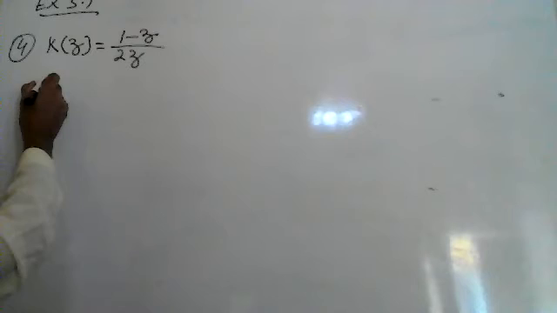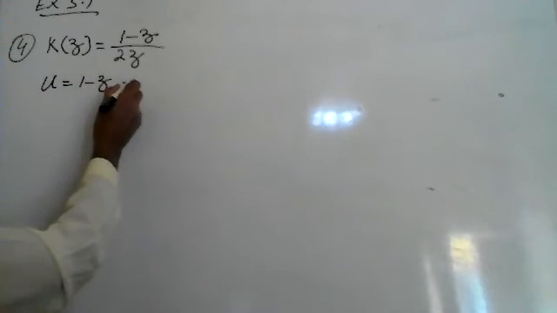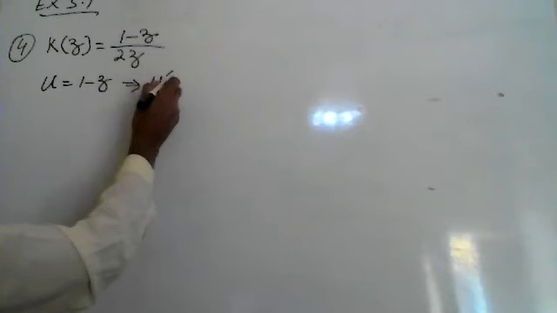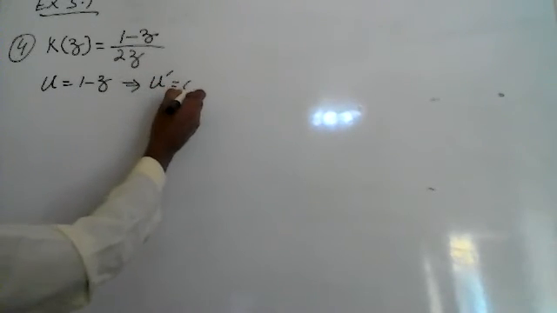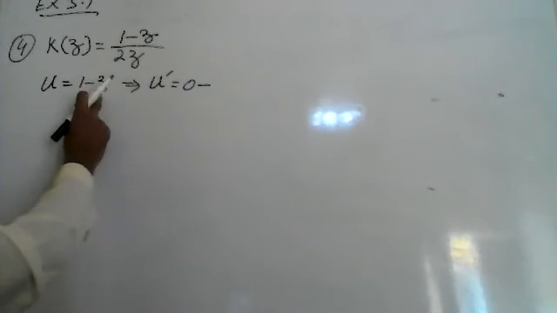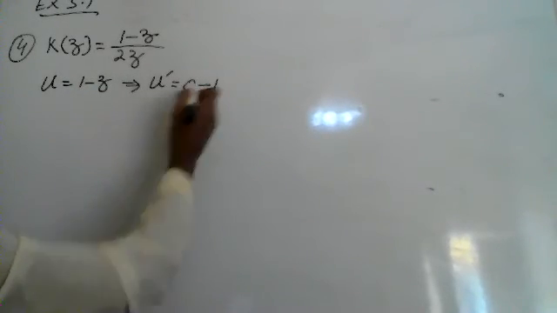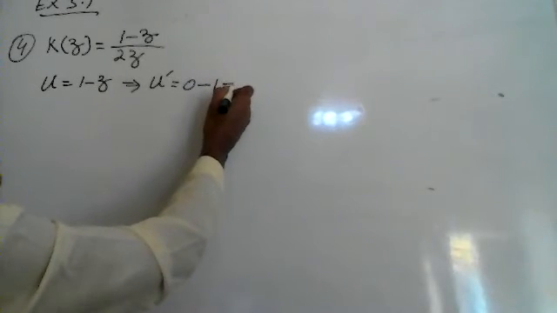If u is equal to 1 minus z, then u dash will become the derivative of 1, which is 0, minus the derivative of z, which is 1. So 0 minus 1 will become minus 1.